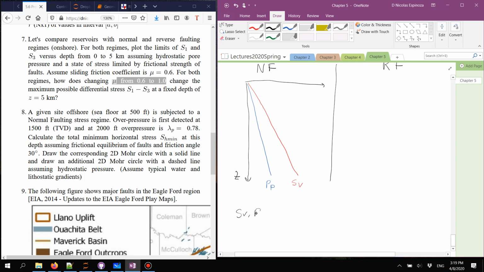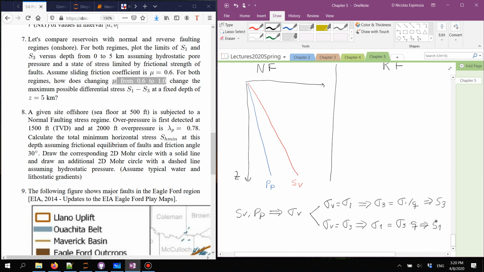So you know SV, you know pore pressure, then from here you get what is sigma V. Once you know sigma V, if sigma V is the maximum effective principal stress, then from here you can calculate sigma 3 by doing sigma 1 divided by Q, or if sigma V, as in the second case, is going to be sigma 3, then you can calculate sigma 1 as sigma 3 times Q. From these two, adding pore pressure, you can get either the least total principal stress, or the maximum principal stress, which for normal faulting is going to be SH min, or this one is going to be SH max.